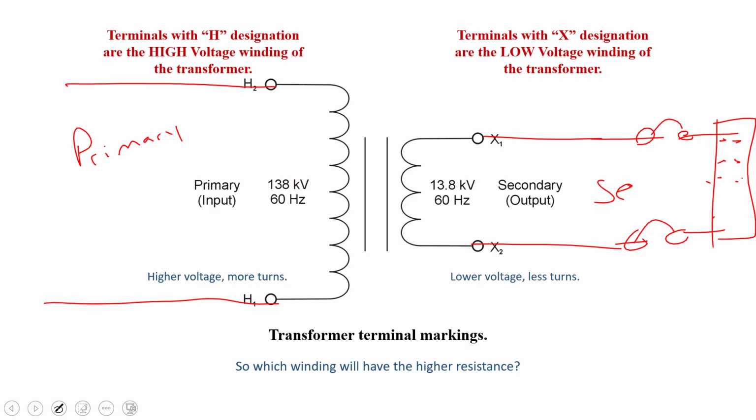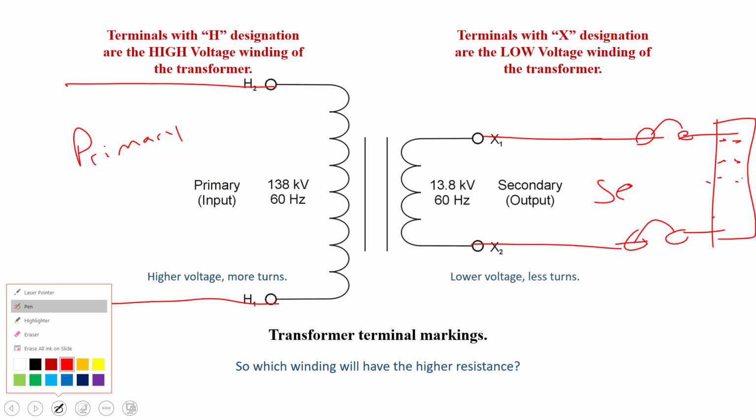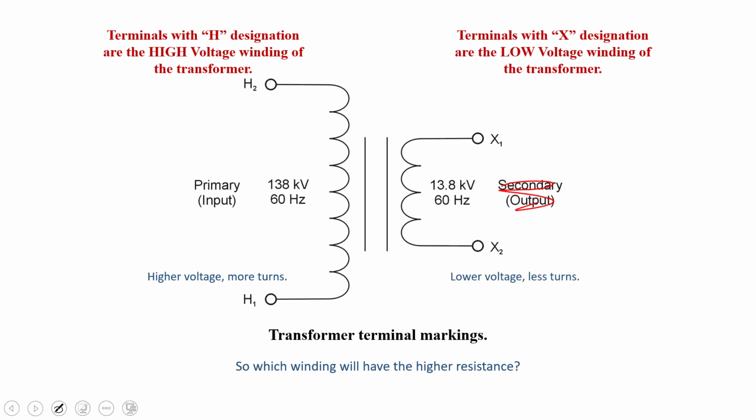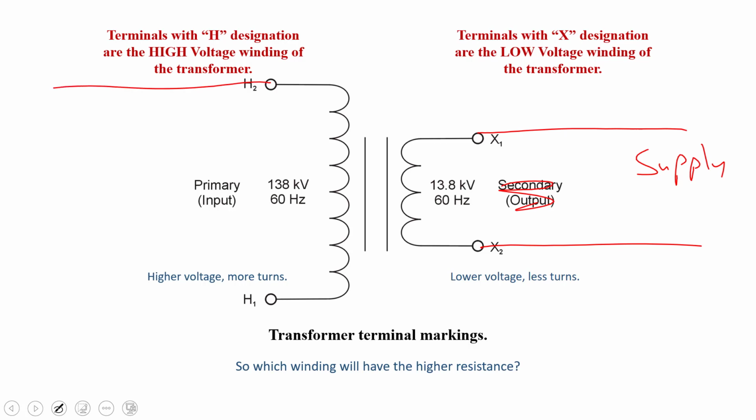But you also have step-up transformers. In that case, it's exactly the opposite. On a step-up transformer, we would bring our source or supply into the X side, and we would step up that voltage, and this then would become our secondary.